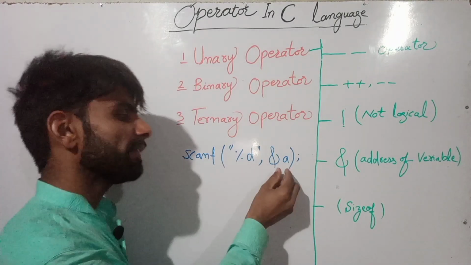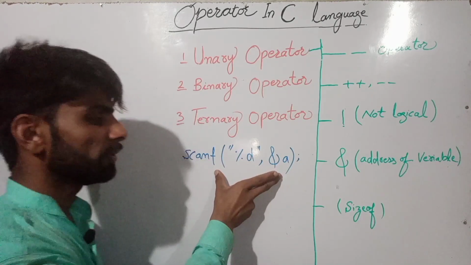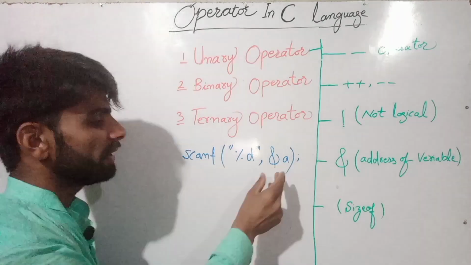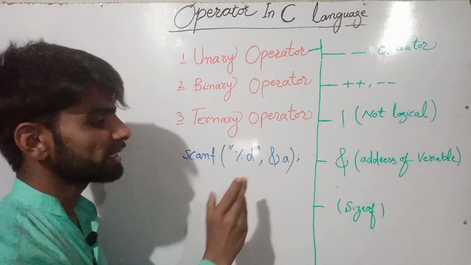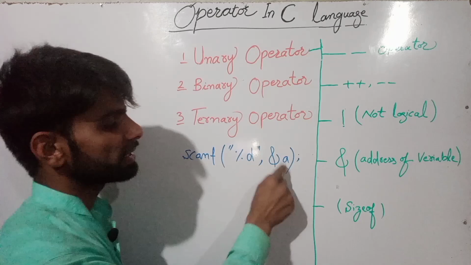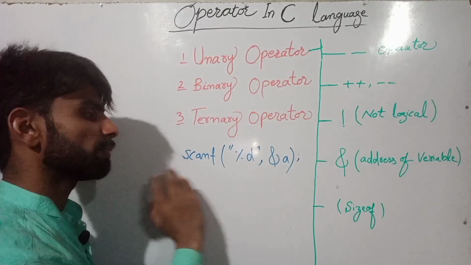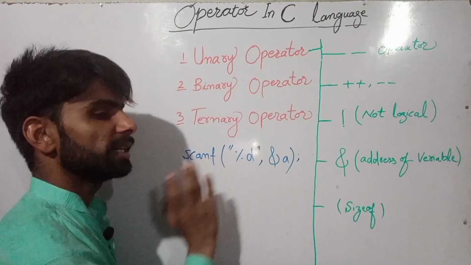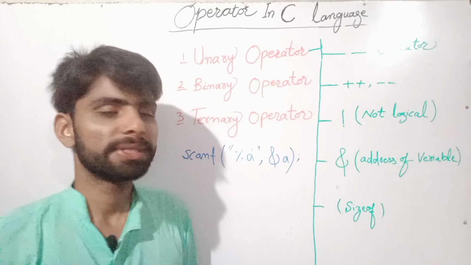Suppose in the program I have declared a variable a, and this statement gets the data from the user, and it gives the memory address of where this variable is. So this is the address operator used in the C language, right? In a future video I will clear up pointer variables.